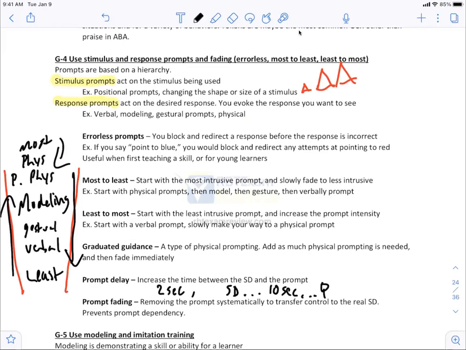And then prompt fading, extremely important. Why? Avoid prompt dependency. Okay, so removing the prompt systematically to transfer control to the real SD. When we talk about stimulus transfer control, that's essentially prompt fading. When we have our prompts, how does that look?